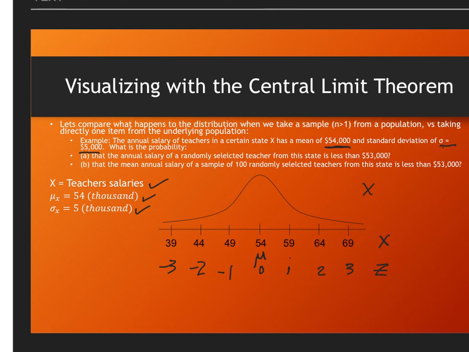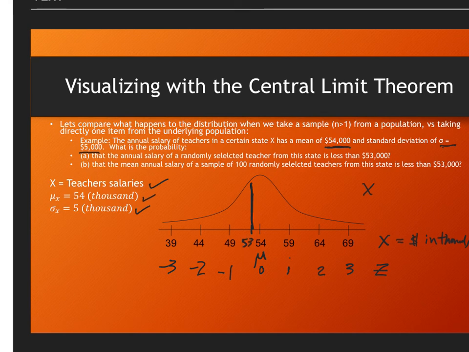I want you to make that connection between the X and the underlying deviations from that, which is our Z. Z is always telling us the number of deviations our data values are from the center. So our value of 53, and of course I put these into thousands, so this is money in thousands, 53,000 is just barely to the left of our center, right? It's at 53.